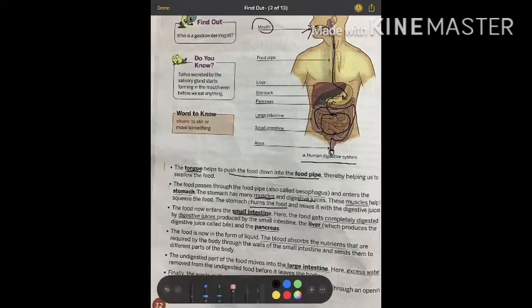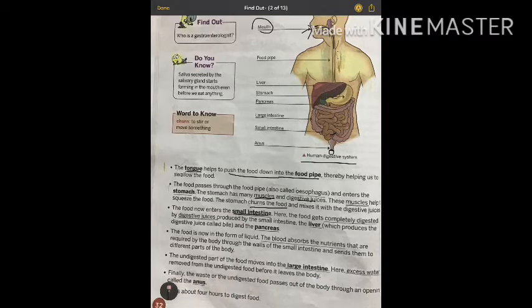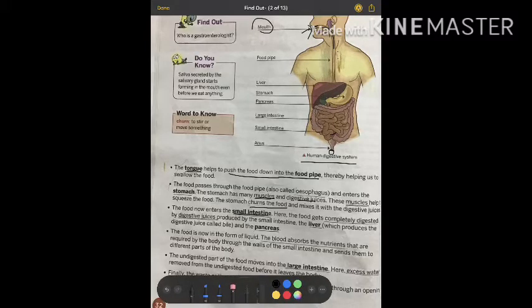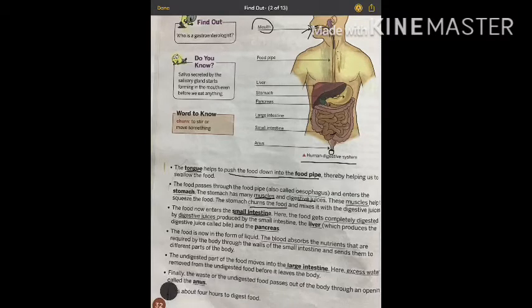One juice is received from the liver, that is called bile juice, and one juice is received from the pancreas, which is called pancreatic juice, and one juice is already present in the small intestine. All these three juices help in breaking down of the food and complete the digestion in the small intestine.